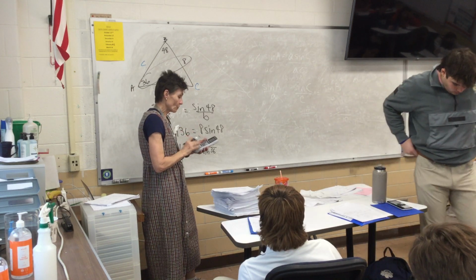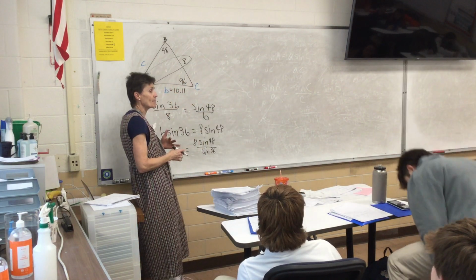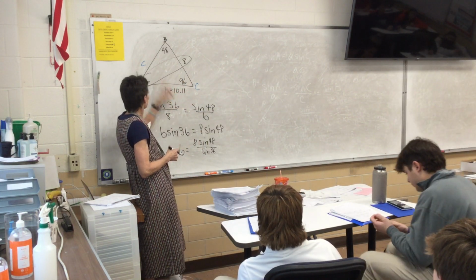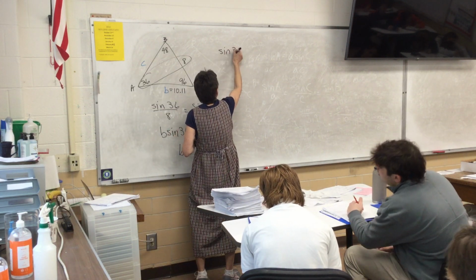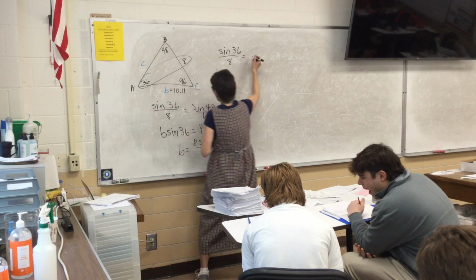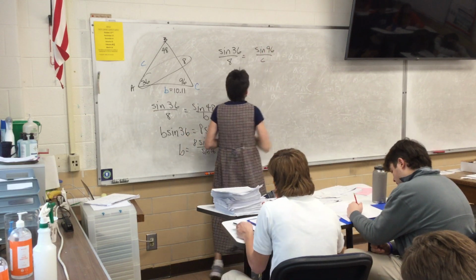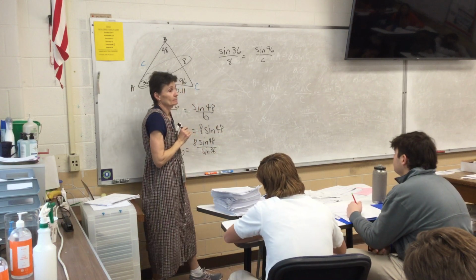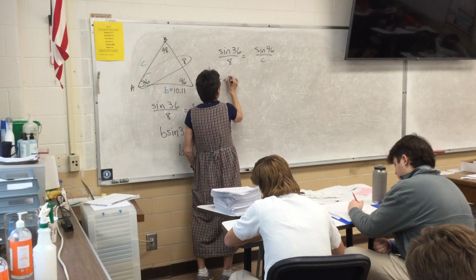So now we're going to turn around. This is so easy. We're going to turn around and we're going to do exactly the same thing, finding side C. So I'll say sine 36 over 8 equals sine 96 over C. I'll cross multiply and divide.